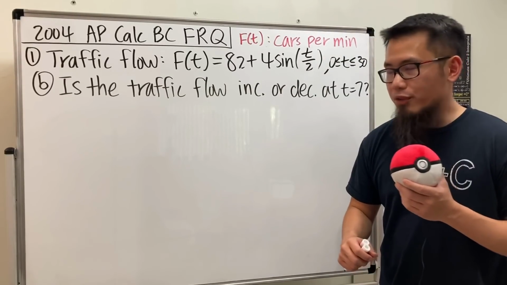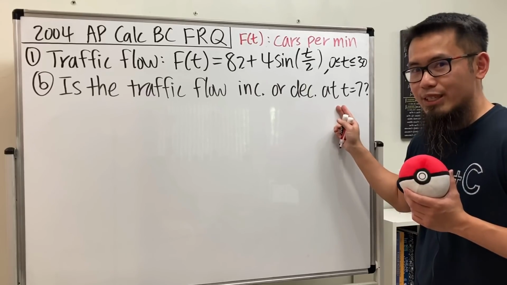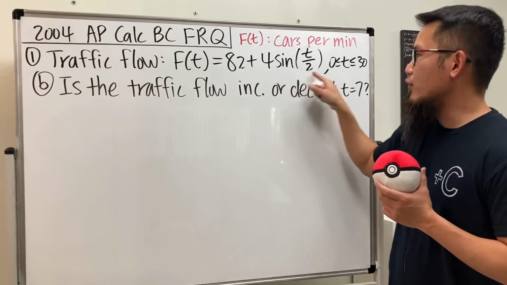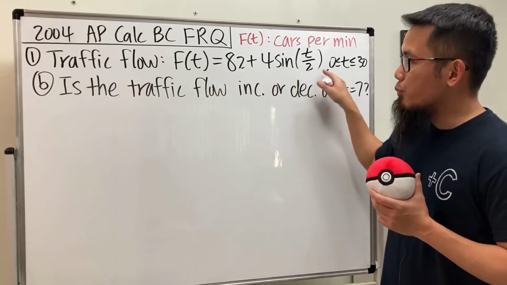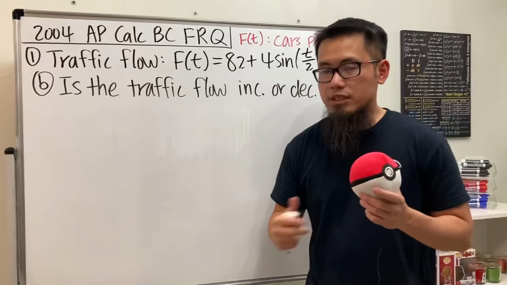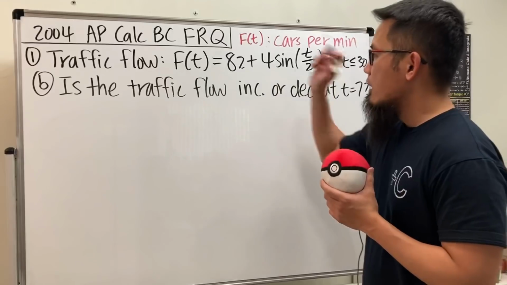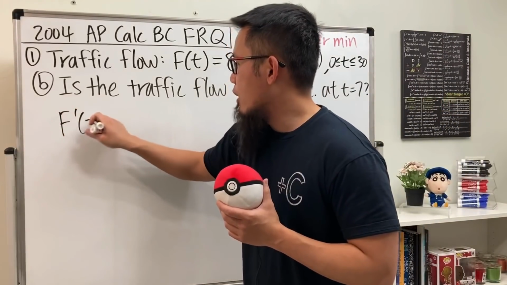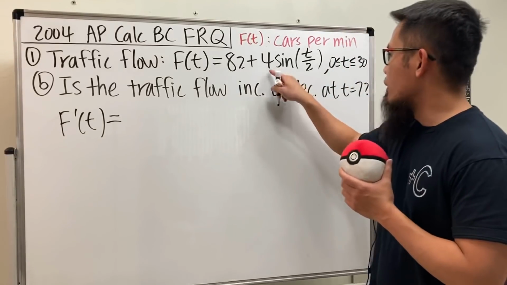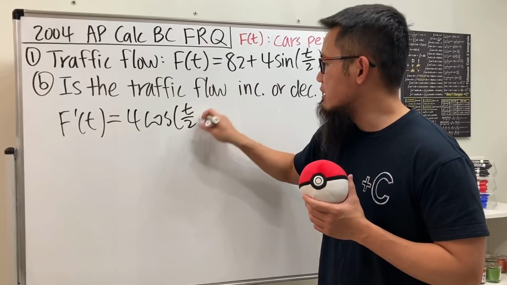Okay, for part B, we're going to find out, is the traffic flow increasing or decreasing at t equal to 7? Whenever you want to find out if it's increasing or decreasing, just differentiate this, because this represents the traffic flow. Then just plug in 7, and we can see if we get a positive or negative first derivative. So let's go. First, f prime of t. The derivative of 82 is just 0, and the derivative of this is 4 cosine, and then the input stays the same.